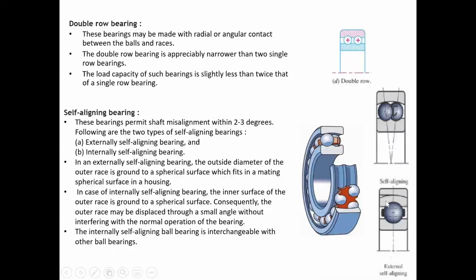The upper surface of the outer race is made spherical, matching with the bearing housing and creating the wedging action. If there is any misalignment, this wedging action will accommodate that misalignment. Externally self-aligned bearings are generally not recommended because they are not interchangeable. They are made specific for the purpose and for a particular size, but internally self-aligned bearings are interchangeable.